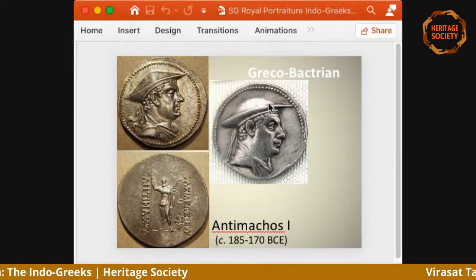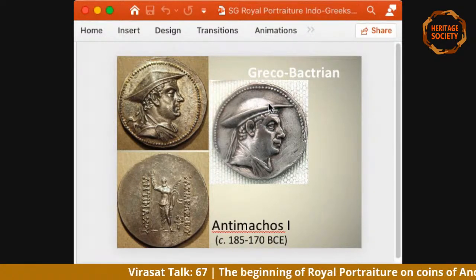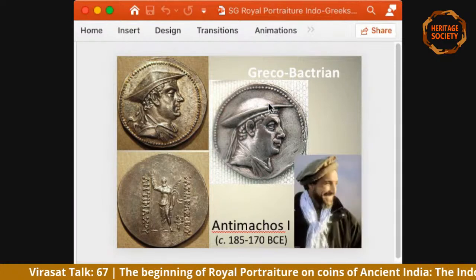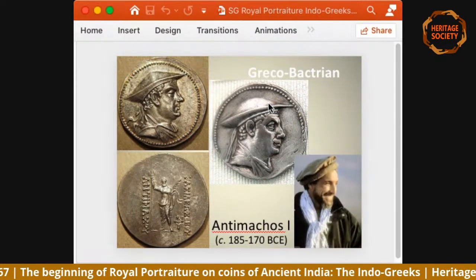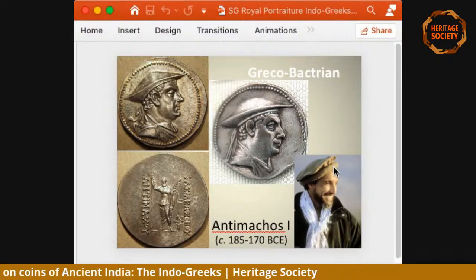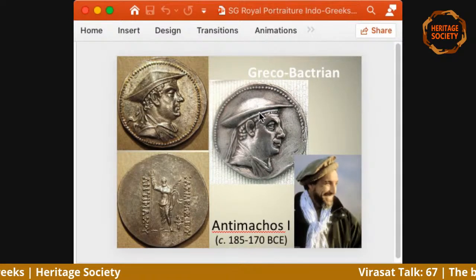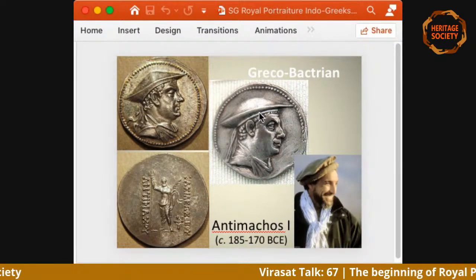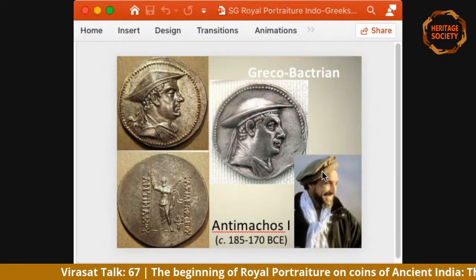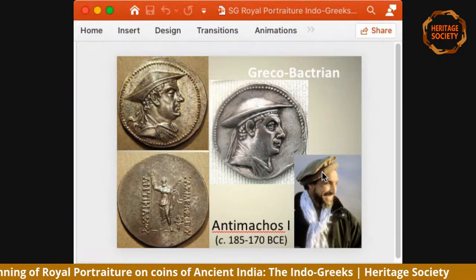But this hat is known as Kausia. And if you have seen the recent pictures of some of the Afghans, like Ahmad Shah Massoud, this headgear is still being used, and it is called pakol. So the suggestion is that this Kausia is a predecessor of the pakol, which is still used by the inhabitants of that area in Afghanistan.